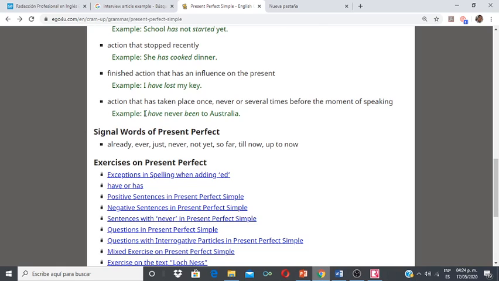For example, if you say I have been to Australia 3 times, or I have been to Australia 4 times, that could be another option. Then, words that we commonly use with the present perfect are already, ever, just, never, not yet, so far, till now, and up to now. And when we see them in sentences, we know that the sentence has to be in present perfect.